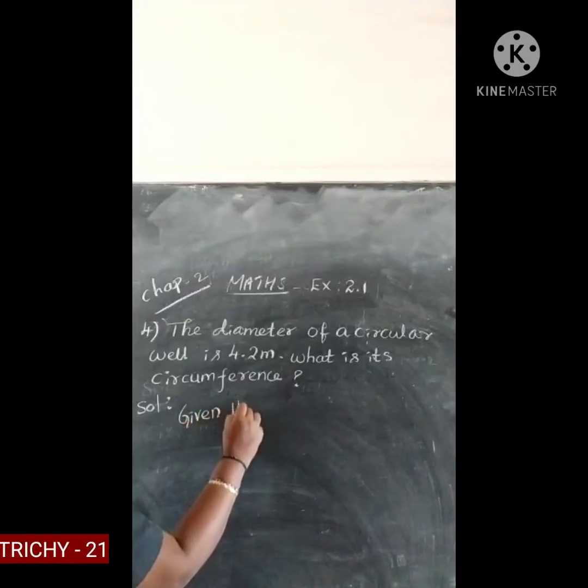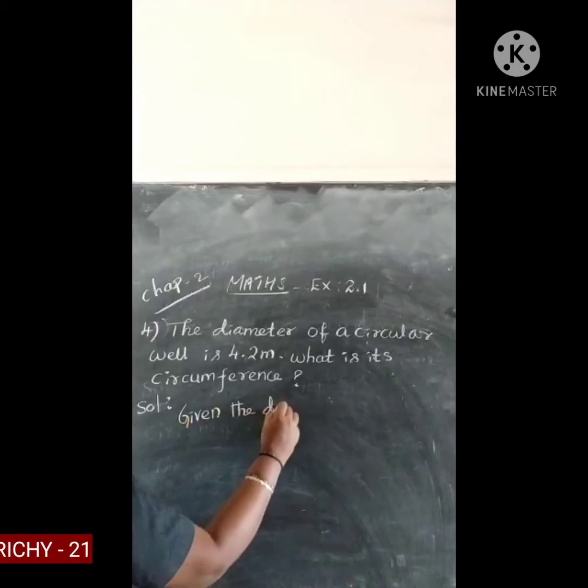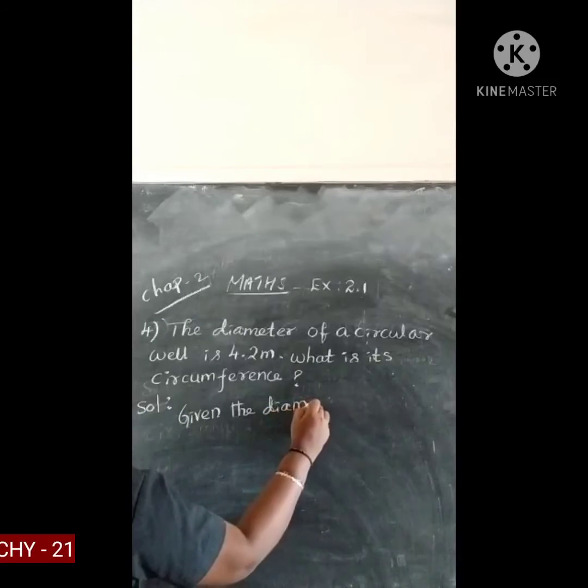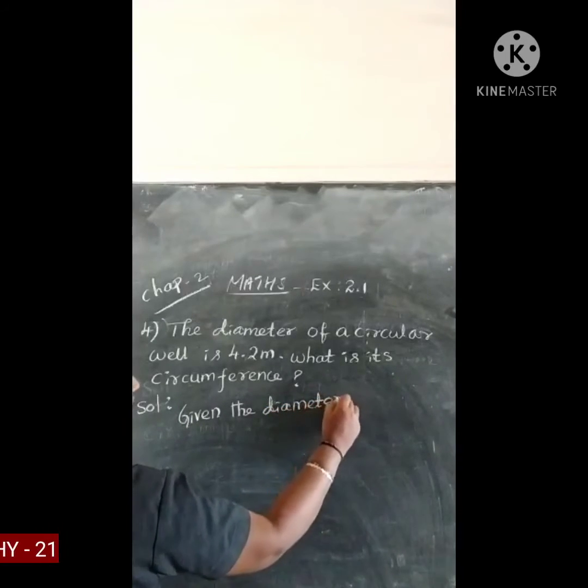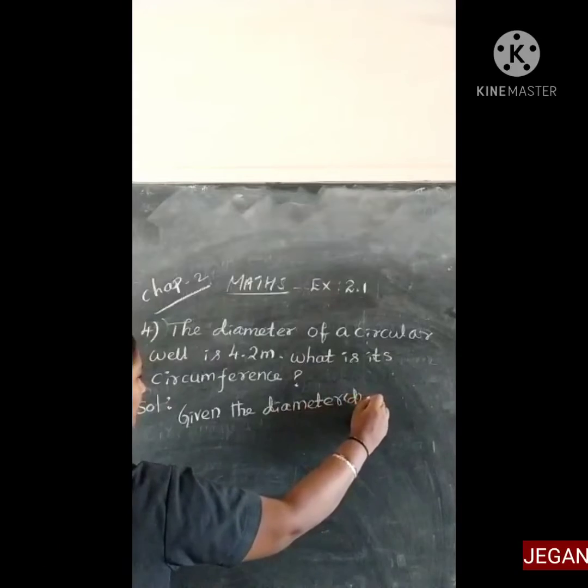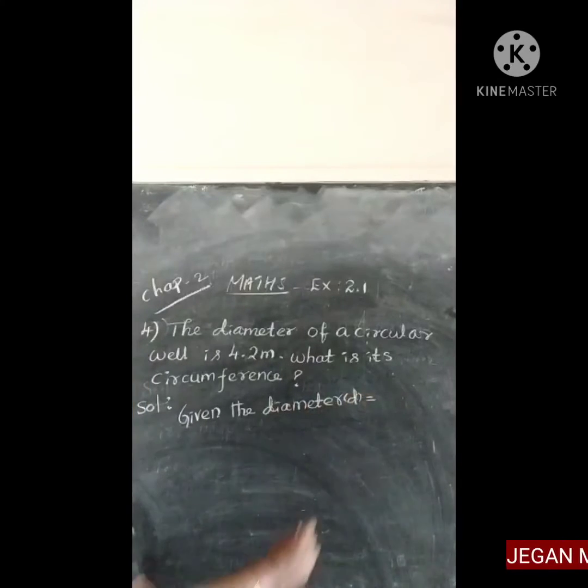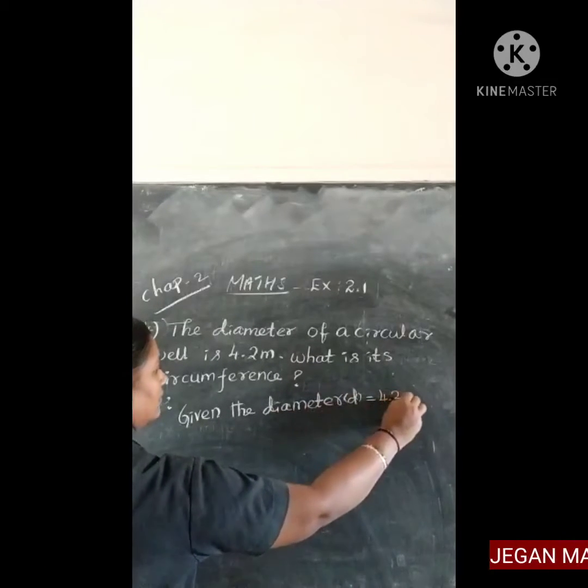Given the diameter D is equal to 4.2 meter.